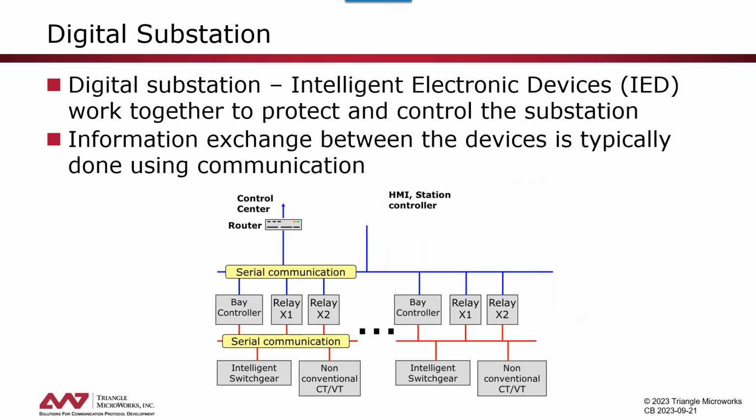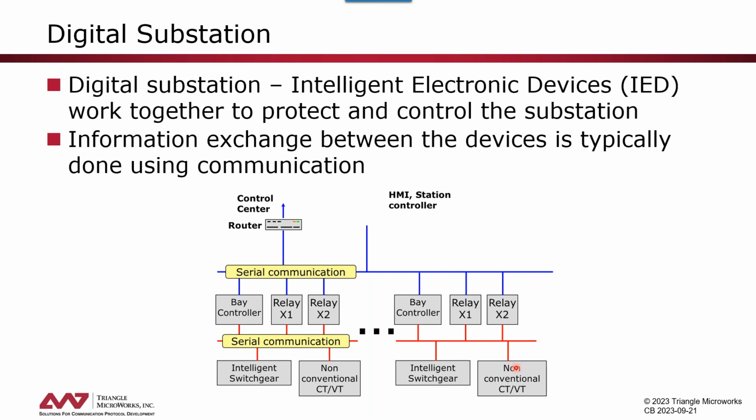A digital substation is typically characterized through the fact that our devices or relays are now intelligent electronic devices, microprocessor based, that have communication capabilities. The information exchange between the devices is now done through communication. And another characteristic of the digital substation is that we integrate merging unit, switchgear interfaces to bring communication down to the process. So that's more or less the key characteristics of a digital substation.